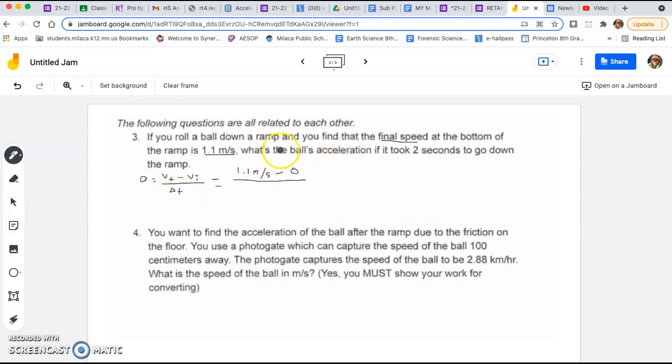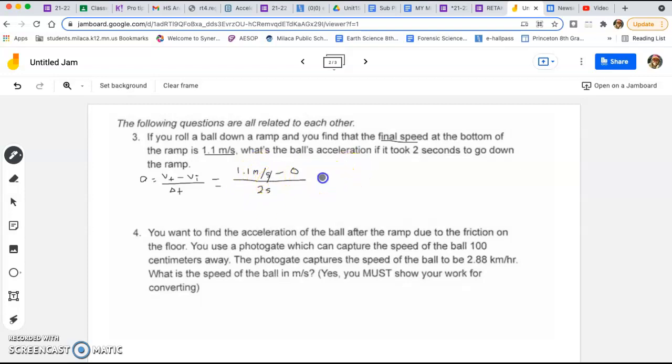And then the change in time, if it took 2 seconds. So it started at 0, it took 2 seconds to go down. Remember, change in time is the final time minus the initial time. So that's just going to be 2 seconds. Okay. So then if you do 1.1 divided by 2, there's one second on top and one on the bottom, so that's meters per second squared.